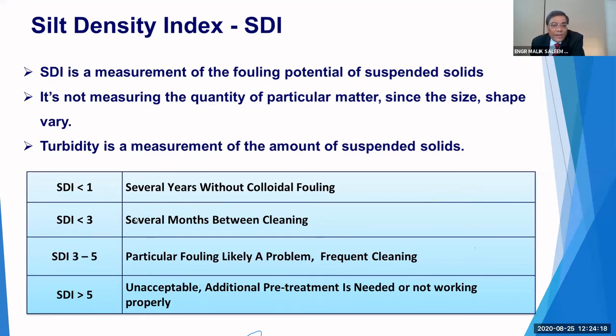Normally, according to the chart, if your STI is less than or equal to 3, cleaning will be needed only after several months. If STI is 3 to 5, your membrane will foul sooner, particle fouling is a likely problem, and frequent cleaning is required. Greater than 5 STI is unacceptable. If your STI is greater than 5, you have to work on the pre-treatment, and your OEM, your equipment supplier, or if you are the designer, try to design a good pre-treatment so that you can have STI less than 5.